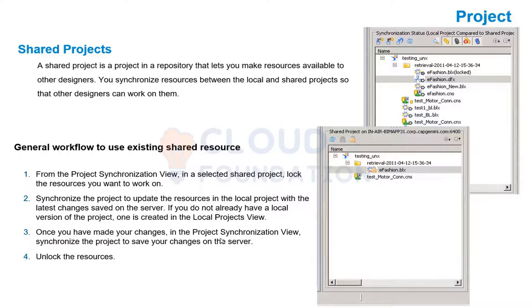Once you lock and do all your work, you can release it. Once you have made your changes in the project synchronization view, synchronize the project to save your changes on the server. It will be saved at the server level. Then you can unlock the resources.